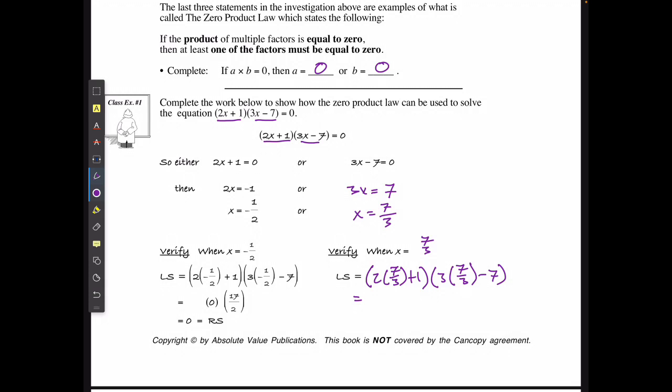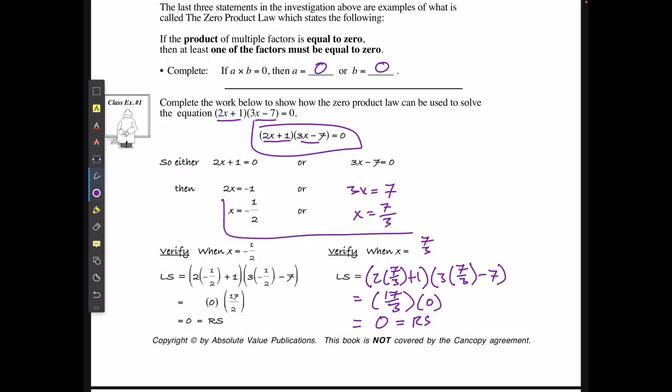This would give me 17 over 3. 3 times 7 is going to give me 21, divided by 3 is 7. 7 minus 7 is 0, which means that this is going to balance out to 0, or the right side of the equation. So this equation would work if x was equal to either negative 1 over 2 or 7 over 3.